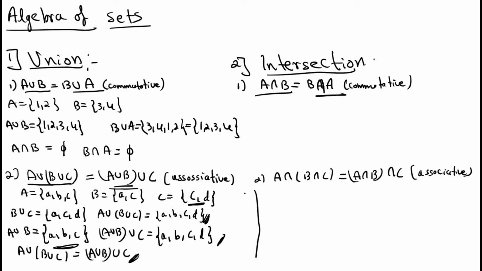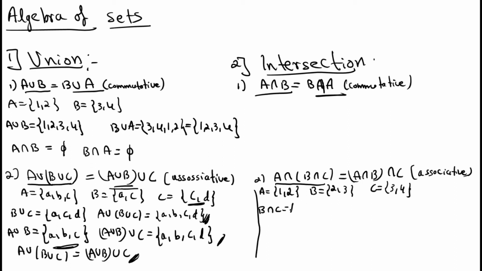For intersection also, see, take A is equal to {1, 2} and B is equal to {2, 3} and set C is equal to {3, 4}. Now first calculate LHS. First you have to calculate B intersection C. What is B intersection C?